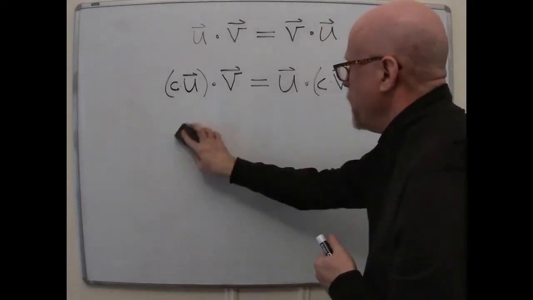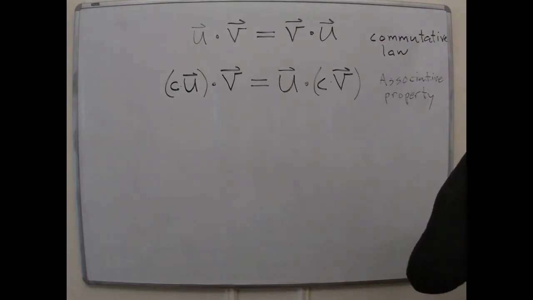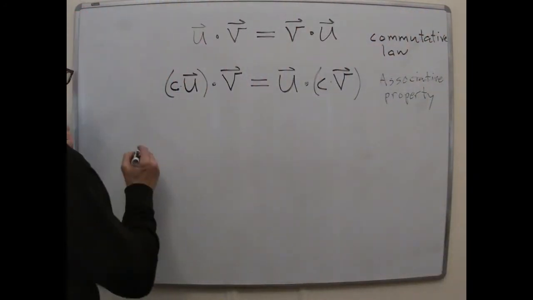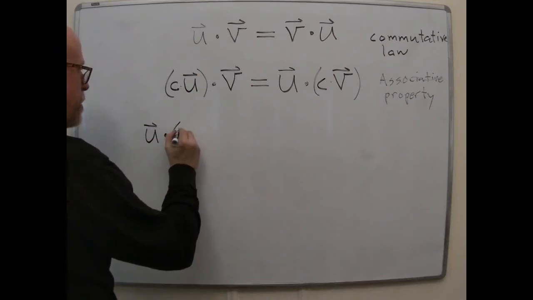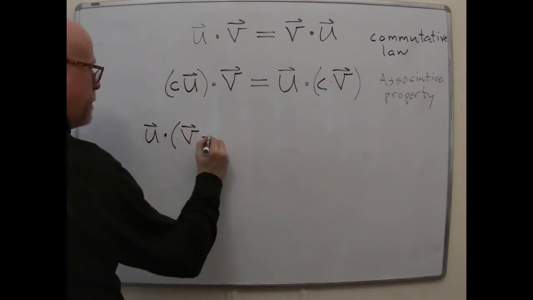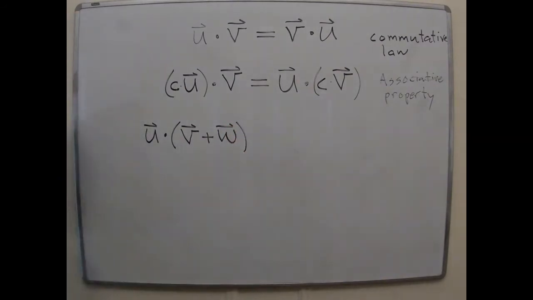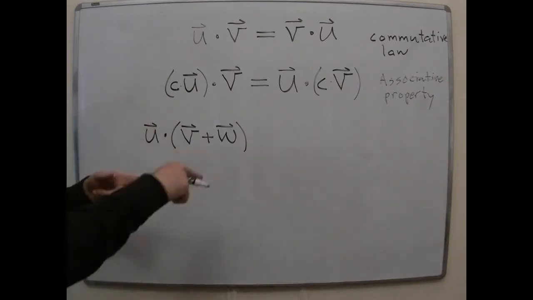Fine. The last property that we're going to look at, which is not geometrically evident, is this. If you have three vectors and you're forming the dot product of one with the sum of the other two, so if this was ordinary multiplication and that was ordinary addition, we'd have a distributive law.